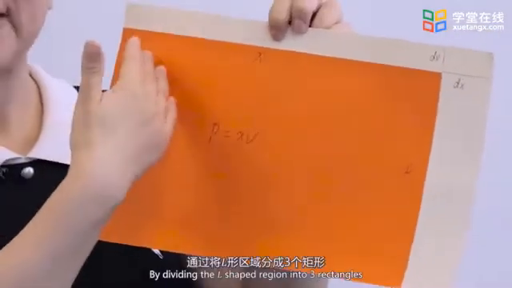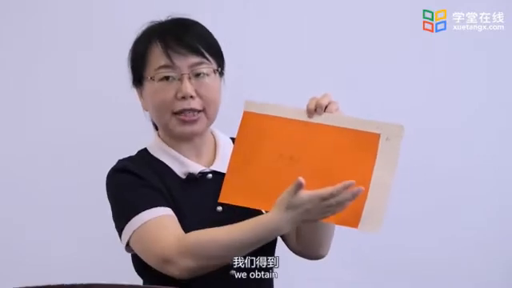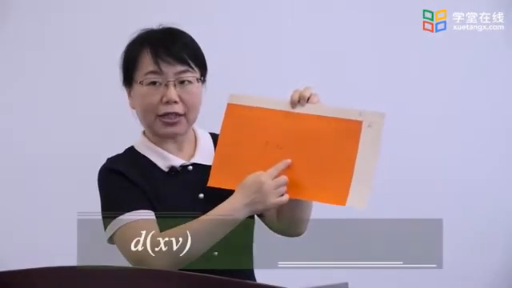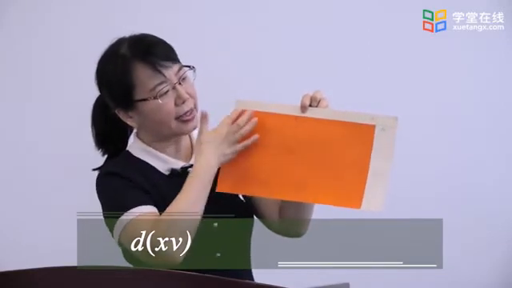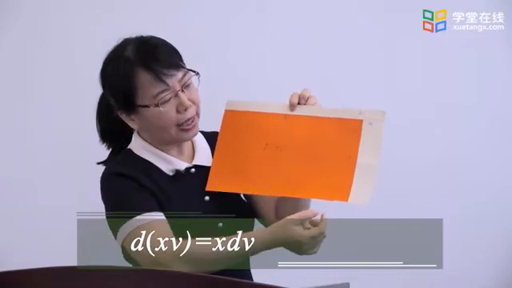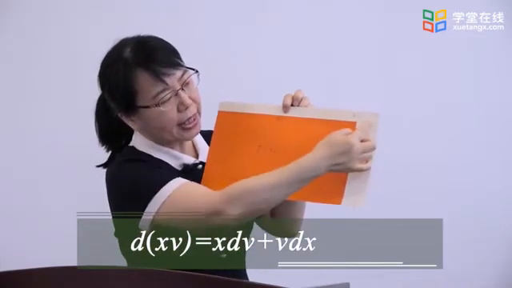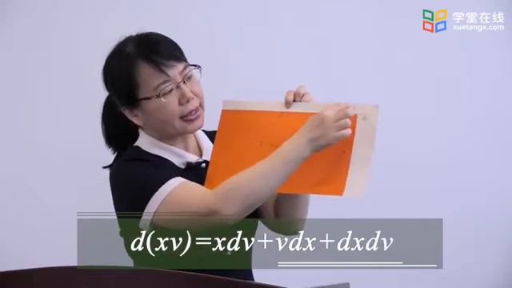And by dividing the L-shaped region into 3 rectangles, we obtain that the differential of xv equals x times dv, that means the area of this part, plus v times dx, that means the area of this part, plus dx times dv.